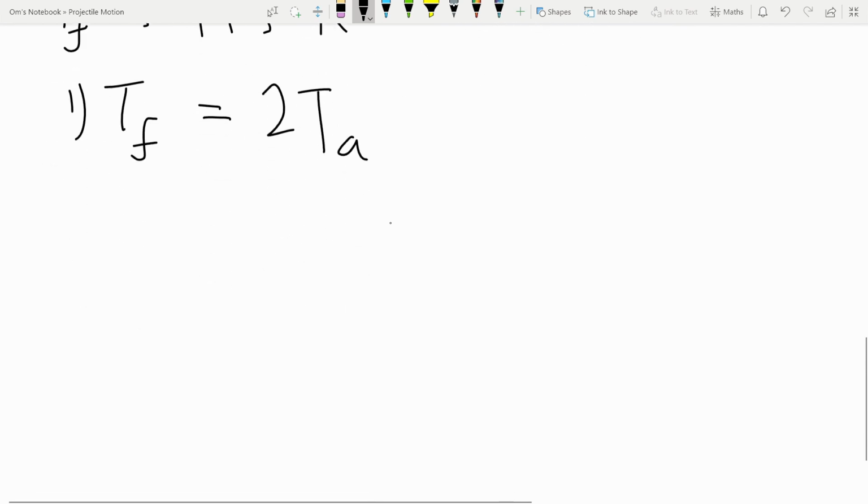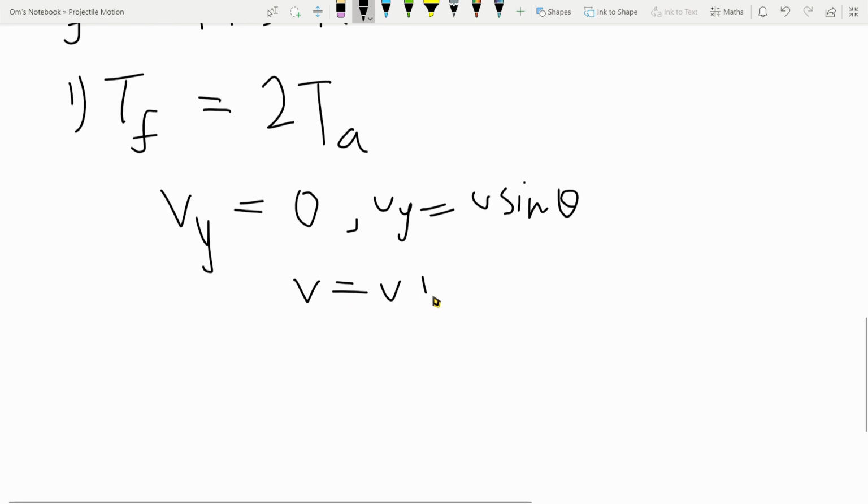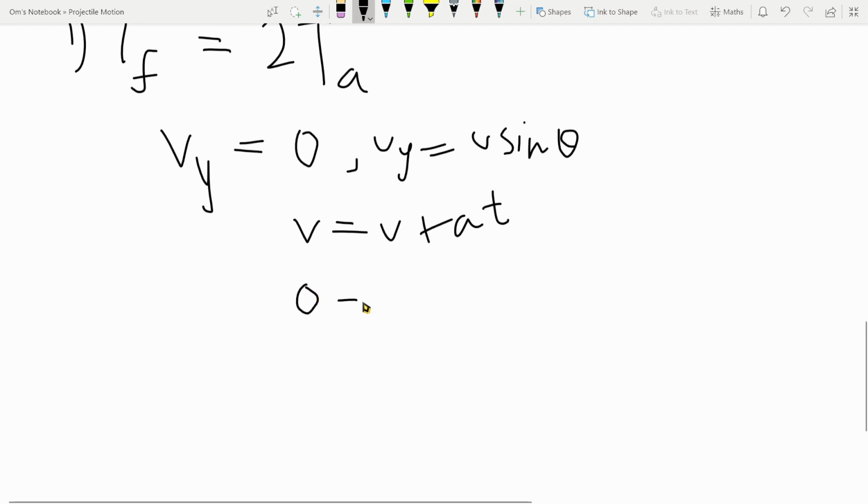So following that argument, we can now say that Vy is equal to 0, and we have Uy equal to u sine theta. So applying our first equation of motion along the vertical direction, V is equal to u plus at, and we can say that 0 is equal to u sine theta minus g t, where t in this case is going to be the time of ascent.